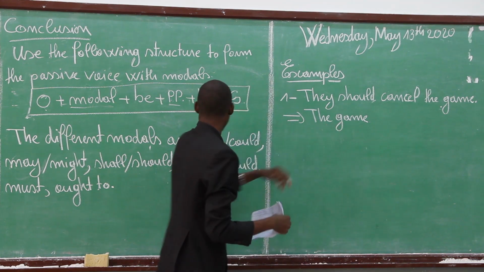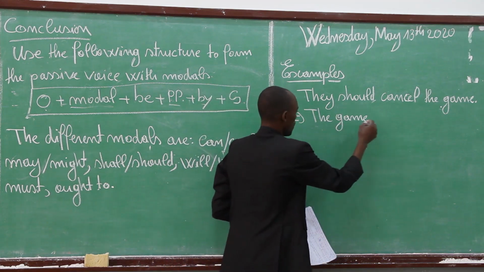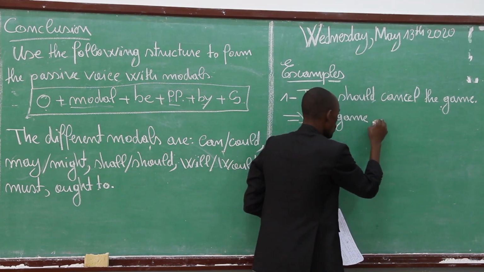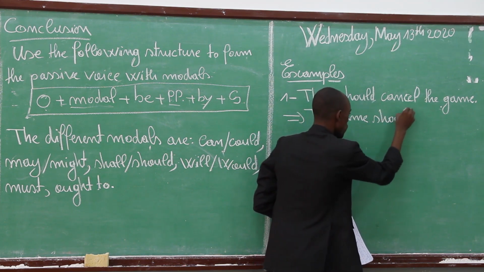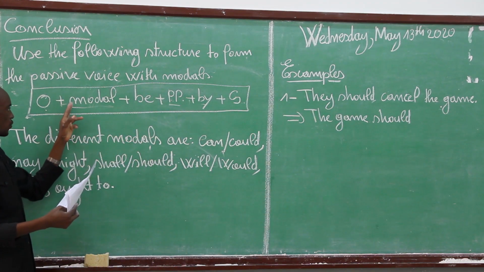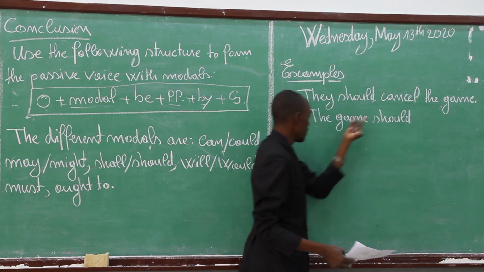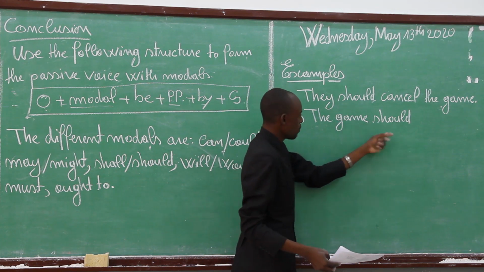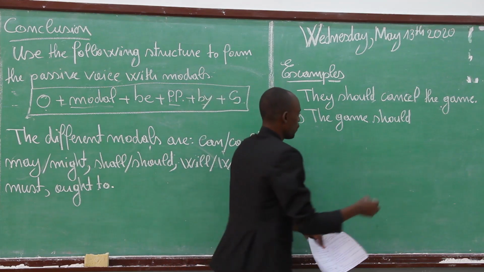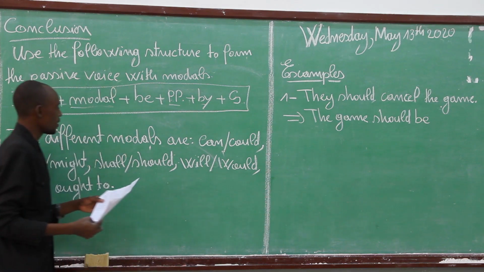After the object, we have the modal verb, should, as the structure says: object plus modal. And after the modal verb we have be, as our structure says.